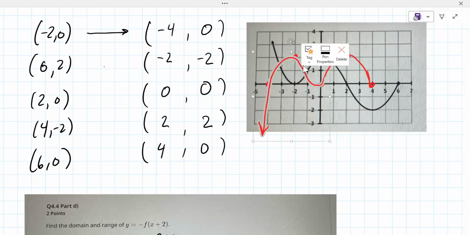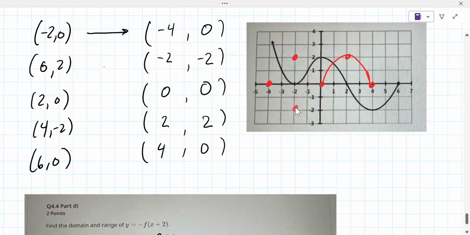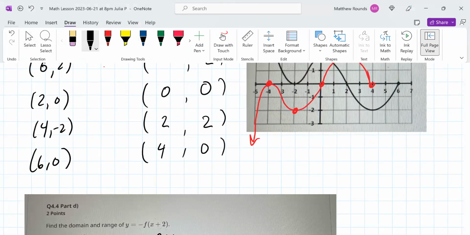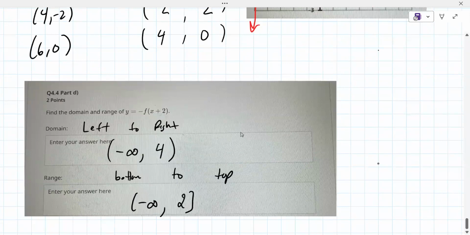Actually, there's a mistake in here. That's not good. It doesn't change much, but it will in picture grade. Sorry about that. But to answer that question for the range, it is 2, with a bracket.